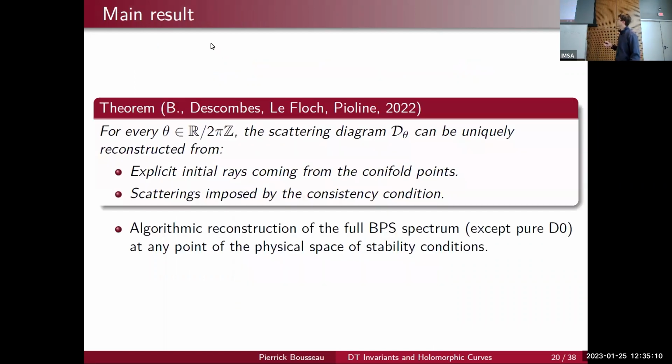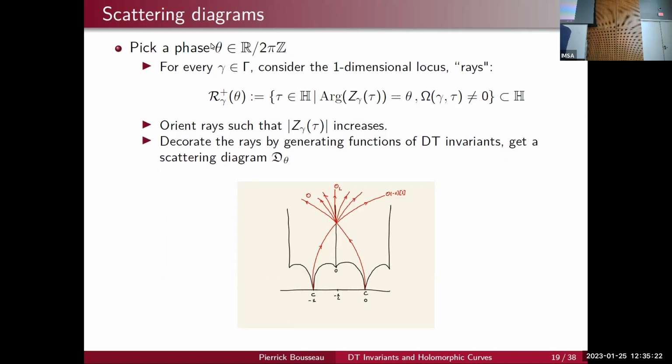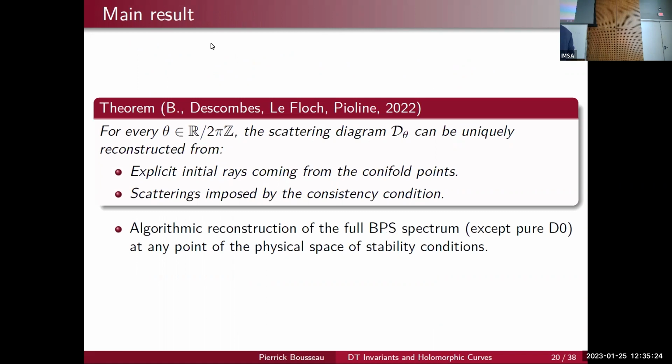The theorem will tell you how to reconstruct the full picture in terms of explicit initial rays coming from conical points, which are the initial points on the horizontal line, and then scattering, where rays come together, with explicit production of new rays according to the Kontsevich-Soibelman formula. So this is actually an algorithmic way to reconstruct the full set of DT or BPS invariants at any point in this upper half-plane slice in the space of stability conditions.